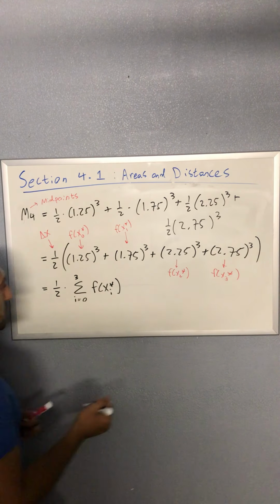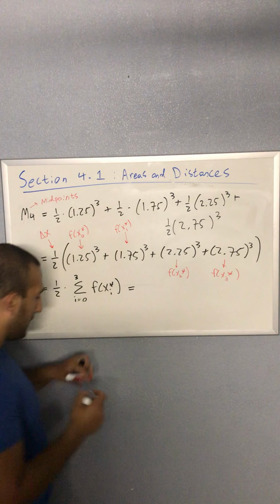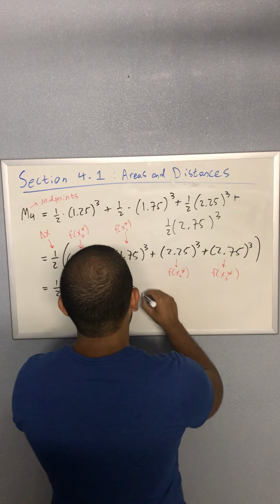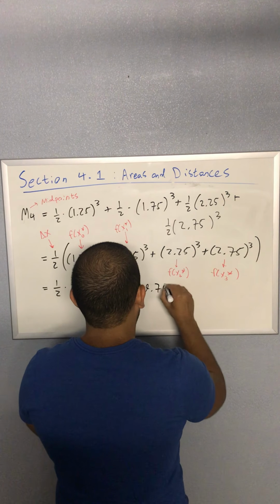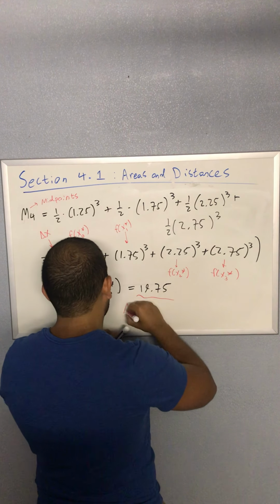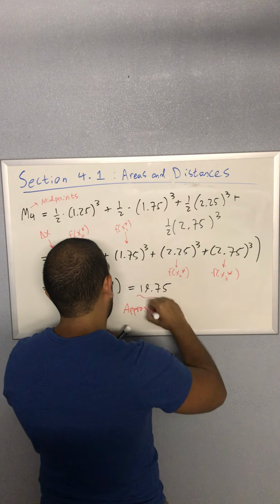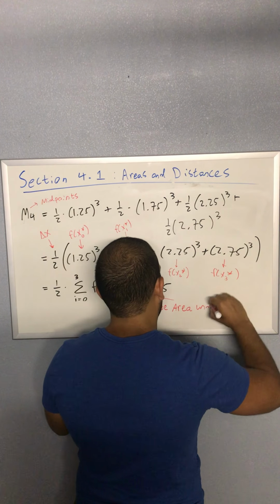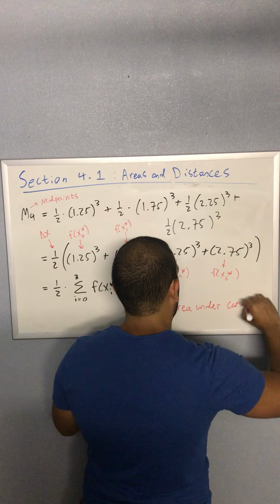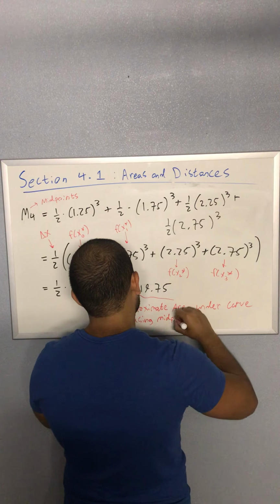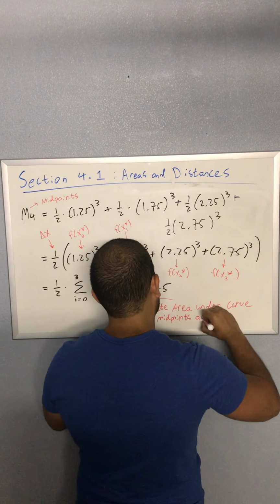But when you do all of this, when the dust clears, we end up getting that the answer is 19.75. 19.75 is the approximate area under the curve using midpoints as samples.